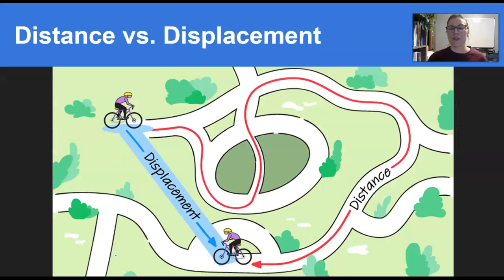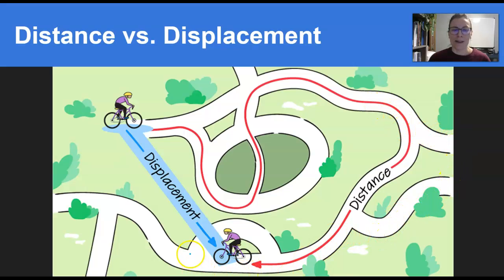So this picture really describes well the difference between distance and displacement. If you're going on a bike ride and you're riding on the paths through a park, your path could look really windy, so there's lots of different routes you could take. You could go through here and follow this red line. You could go around the circle a couple of times and then go this way, maybe go out here.